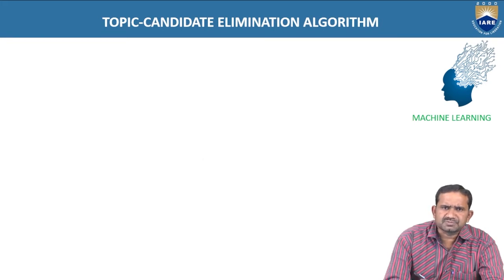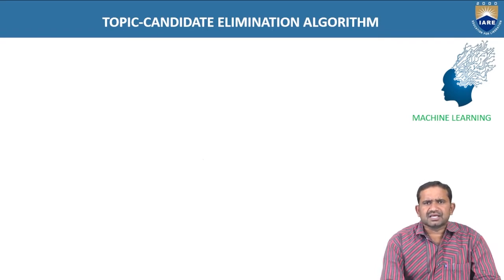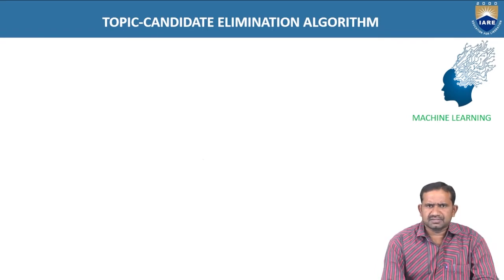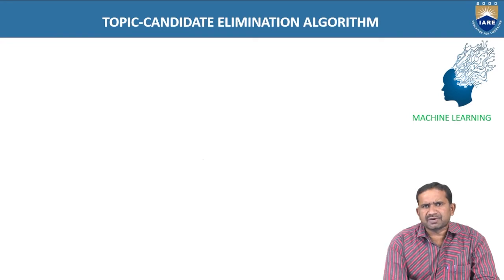The specific hypothesis is represented by the null value, and the general hypothesis is represented by the question mark. We have some conditions for comparison of two attribute values.